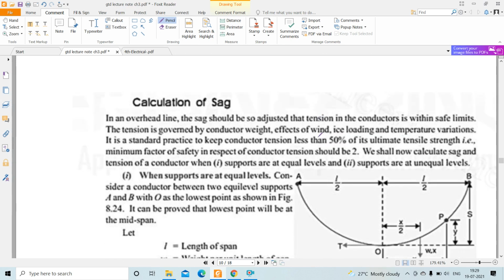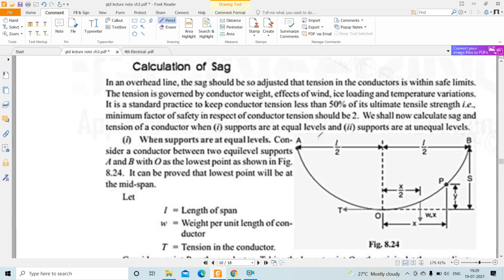Next is the calculation of sag. How to calculate sag? In an overhead line, the sag should be so adjusted that the tension in the conductor is within safe limit. So how to keep the tension within the safe limit, that we need to study.